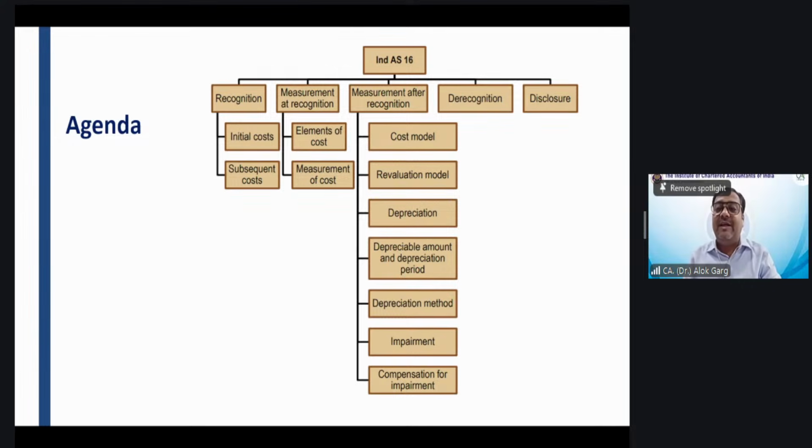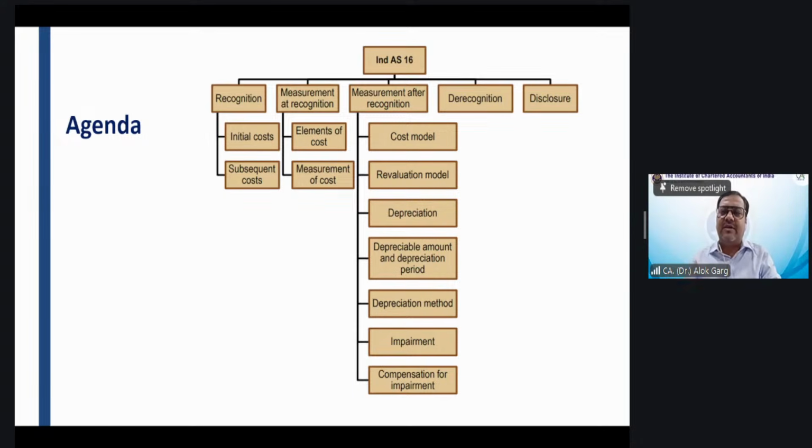For example, if you understand Ind AS 16 very well, it will help you in Ind AS 38 intangible assets. It will help you in Ind AS 40 investment property. It will help you in some concepts of Ind AS 116, because 116 also has a concept called right of use asset, and it talks about the subsequent recognition and depreciation part from Ind AS 16.